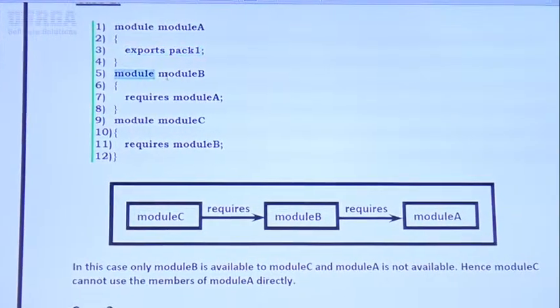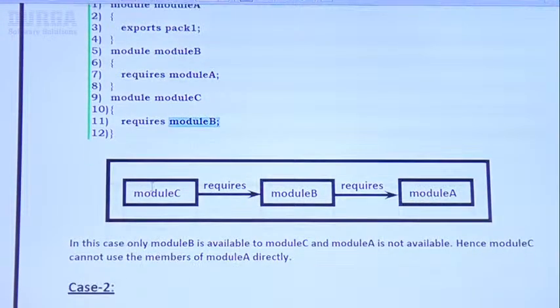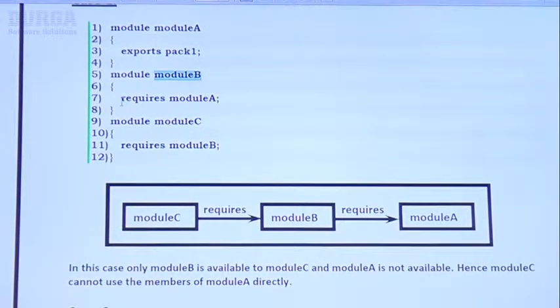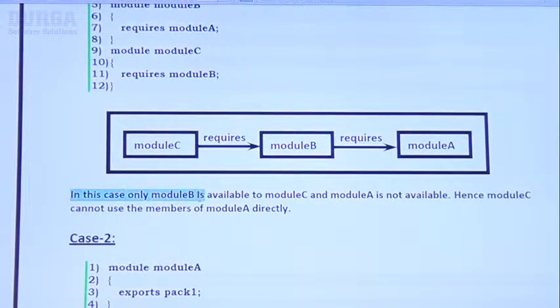Module B requires module A. Module C requires module B. Module B requires module A, and I didn't use transitive. That's why in this case only module B is available to module C and module A is not available.